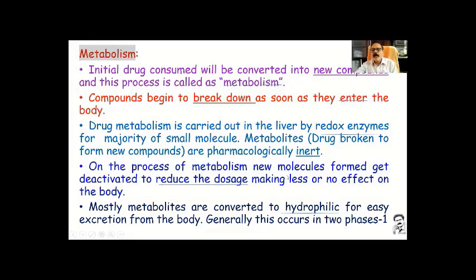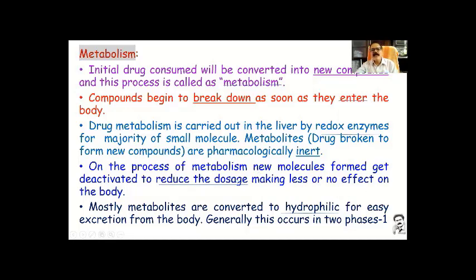In the process of metabolism, new molecules are formed and deactivated to reduce the dosage, making less or no effect on the body. If the drug is more in the body, wherever it goes, it may damage other parts also. So our body's job is to reduce the dosage or make it less active, or throw it out from the body.